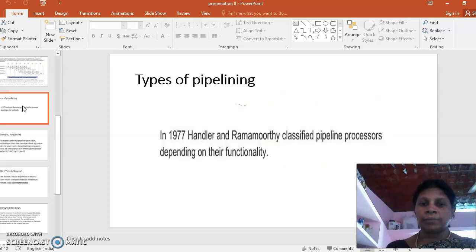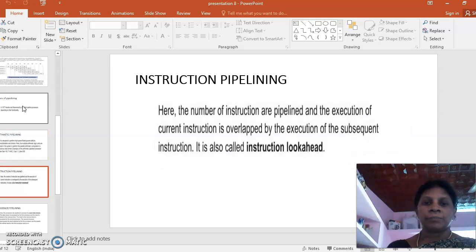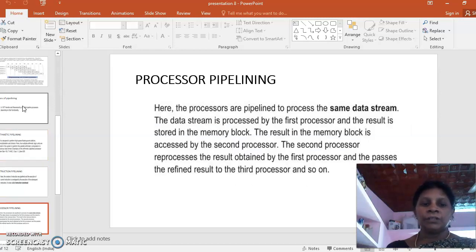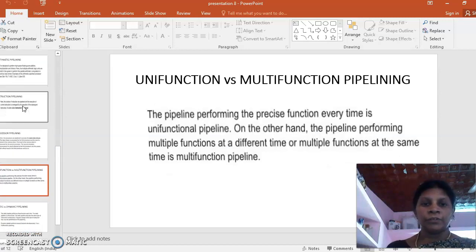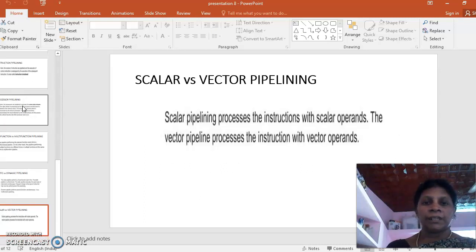So the pipelines are classified into arithmetic pipelining, instruction pipelining, and processor pipelining, unifunction and multifunction pipelining, static and dynamic pipelining, and scalar and vector pipelining.